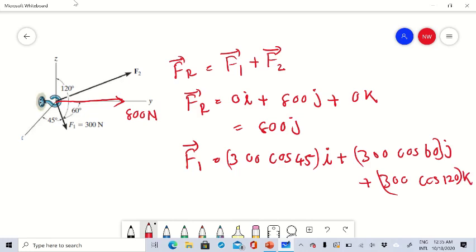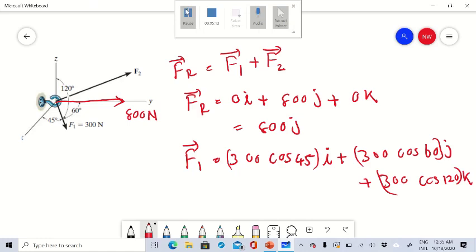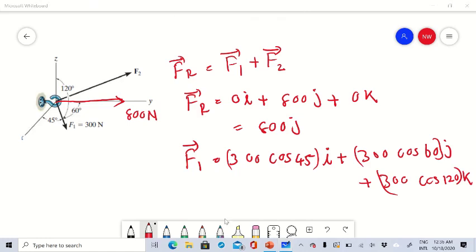So then, if I simplify this expression, I will get 300 cos 45, I will get 212.1 i plus 300 cos 60, 150 j, and 300 cos 120.